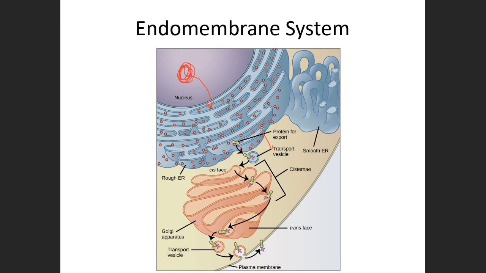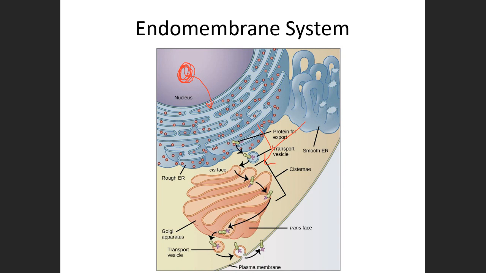Then everybody just sends it over to the Golgi apparatus. It's going to package it up, right? So we go from nucleus to these either rough or smooth ER, and then to the Golgi, and that's now the closest thing to the edge of the cell, and then it can send things out. So it's kind of an assembly line. It's got this conveyor belt system, and it's well organized.